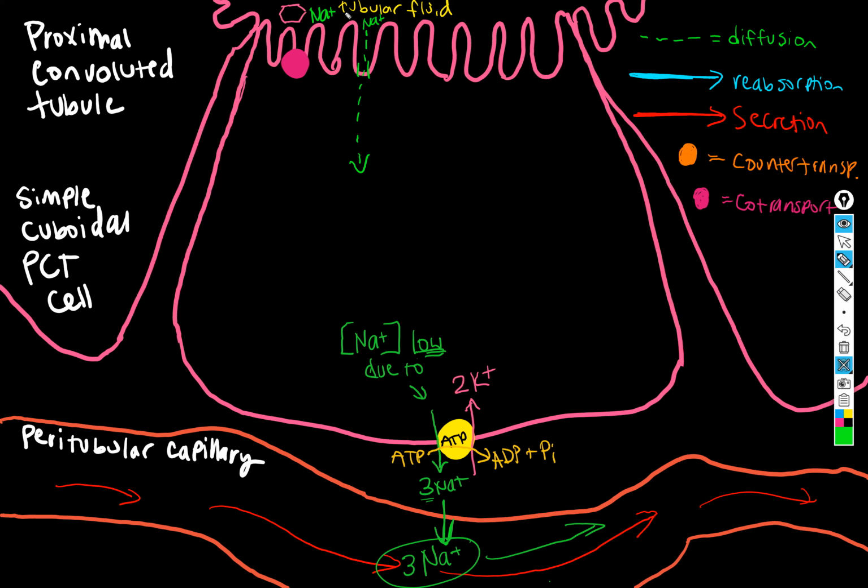So down here is where that elsewhere is, but we're going to use that stored energy, in the form of an electrochemical gradient, up here. So this is not diffusion. Oops, it is co-transport. And we're going to make the arrow blue because we're doing reabsorption.